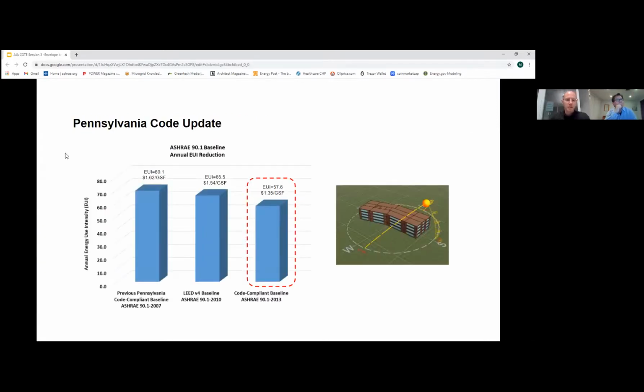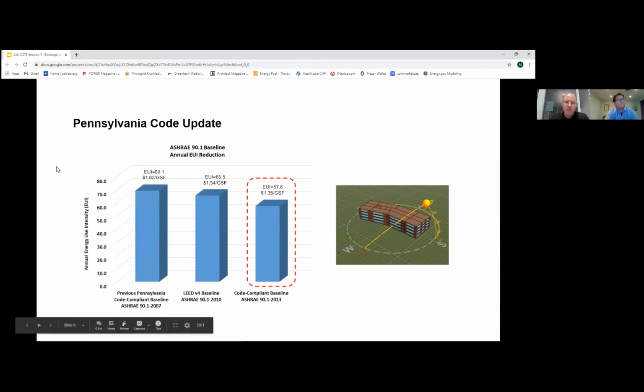Another thing to point out, when this building was being designed, Pennsylvania updated their code to the IECC 2015, which is the ASHRAE 2013 code. Philadelphia recently went to ASHRAE 90.1 2016, which is the IECC 2018. But Pennsylvania, outside of Philadelphia, goes through the 2013 code.